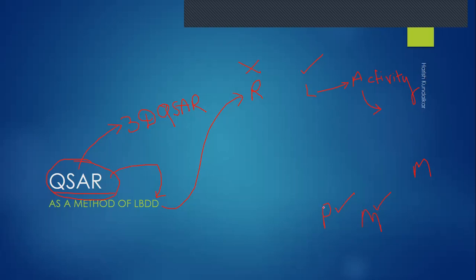QSAR is nothing but an application of artificial intelligence. In the initial years, artificial intelligence was not known, so QSAR was known. But now we can say that QSAR is an application of AI, or in other words, AI is an application of QSAR. Maybe we can say these things interchangeably. So now we are going to talk about physics and some mathematical equations in QSAR.